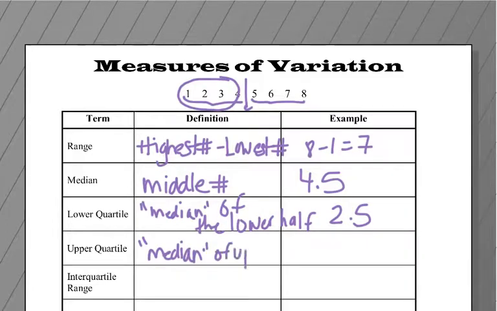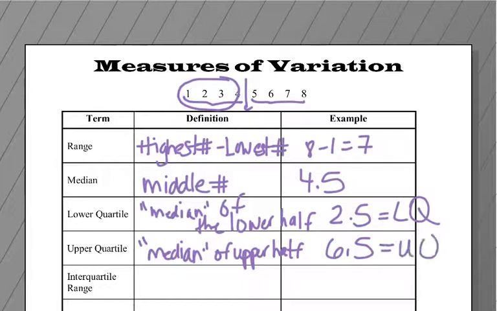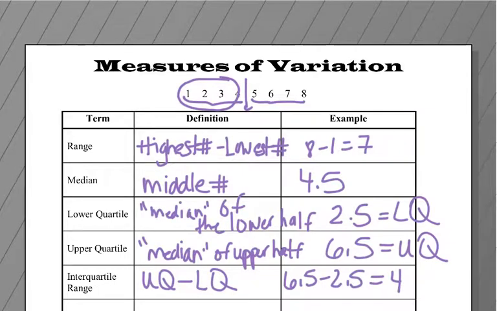So the median of the upper half would be 6.5. By the way, sometimes we call the lower quartile the LQ and the upper quartile the UQ. The interquartile range is the upper quartile minus the lower quartile, or in this case, 6.5 minus 2.5, or 4.